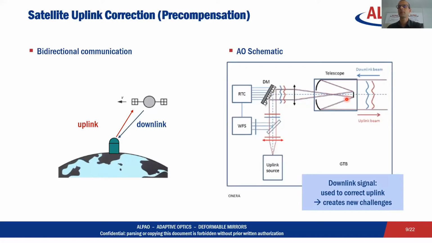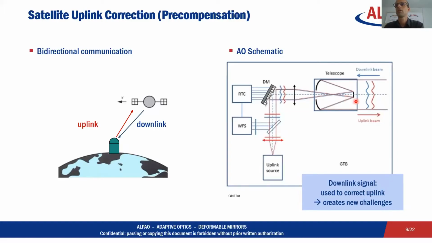It travels through the atmosphere and contains information on the current state of the atmosphere, which we can use for AO to deform the DM such that we pre-distort the outgoing beam. And because of the reciprocity principle in optics, this pre-distortion will lead to a flatter and more concentrated wavefront on the satellite side.